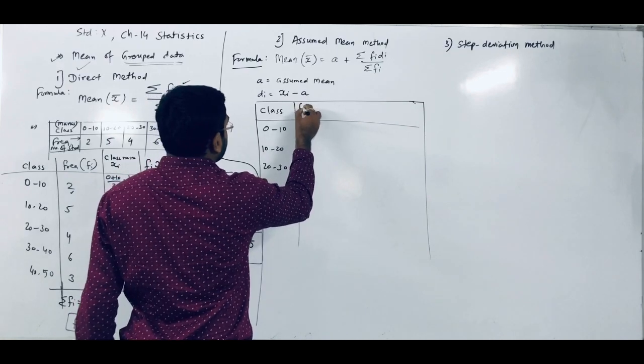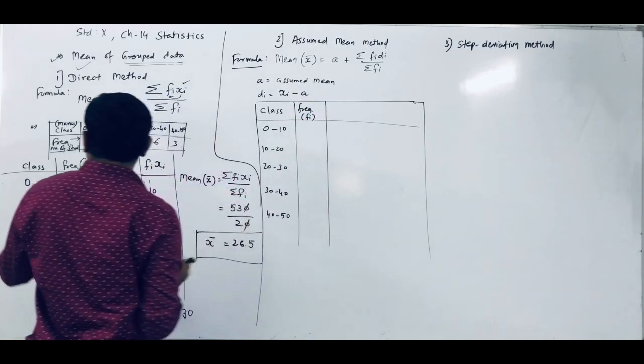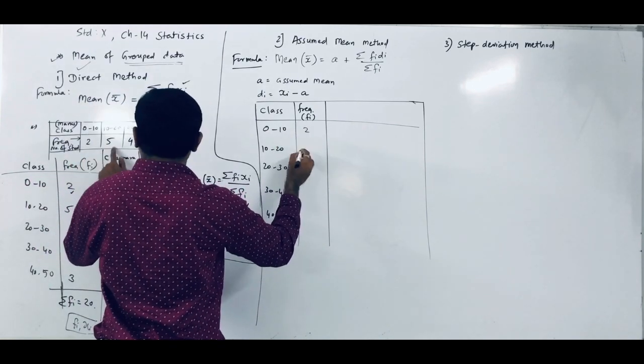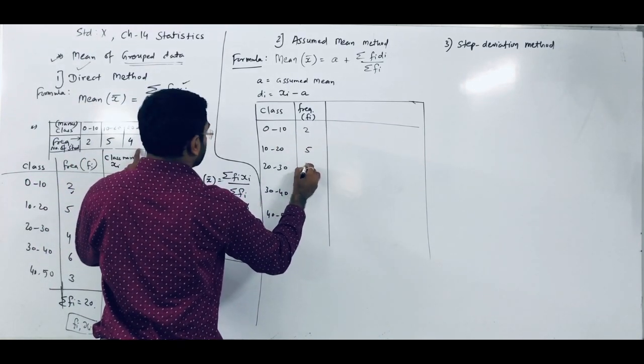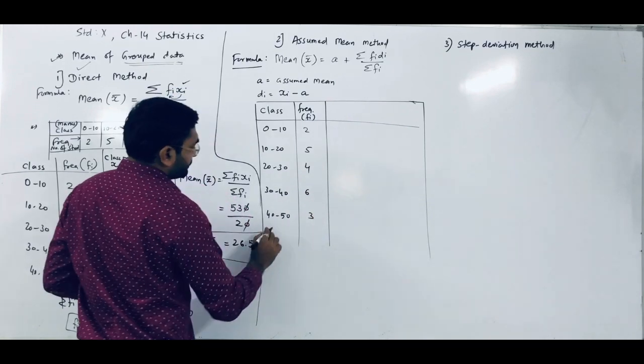And its frequency fi is given: the first class frequency is 2, the second is 5, the third is 4, then 6, and 3.